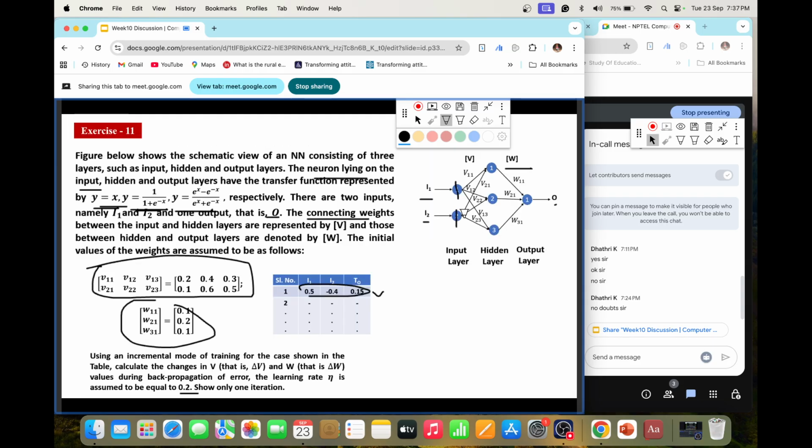Now similarly you have to calculate the values of HI1, HO1, HI2, HO2, HI3, HO3. How can you calculate them? Very same, very easy. You have IO1, and you multiply it by V11.